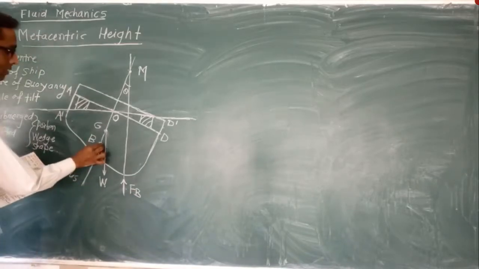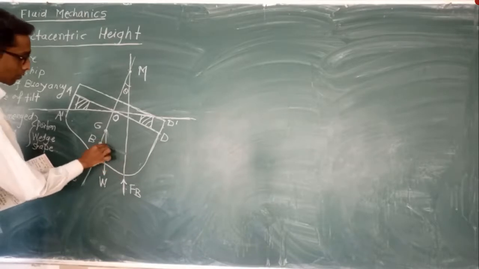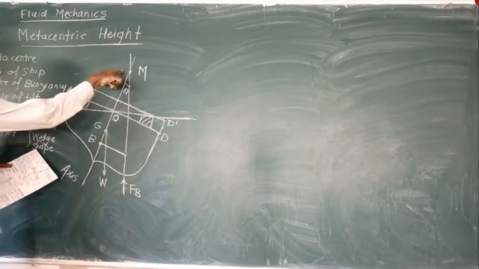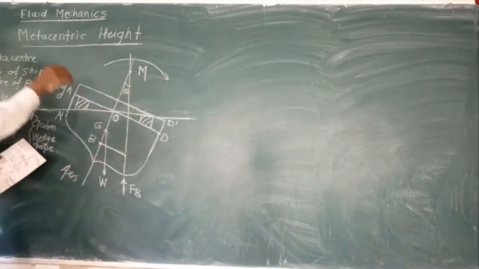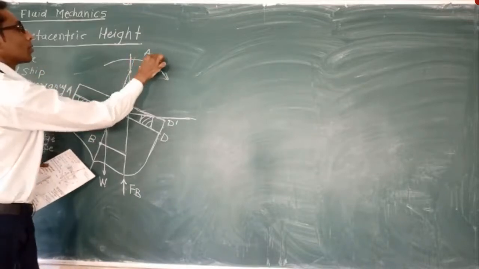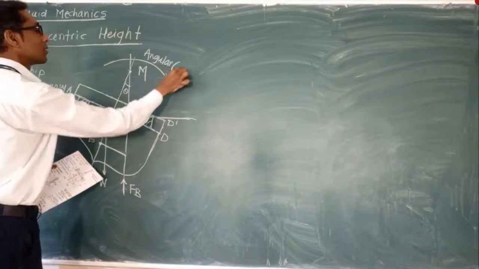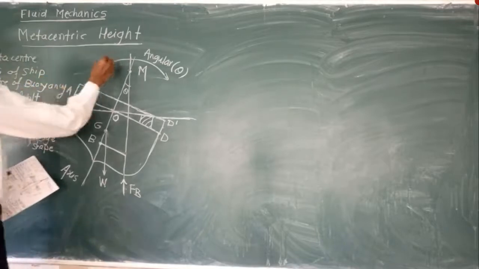Now, this is point B. Because the ship is given a tilt, an angular displacement theta, it is tilted in a clockwise direction.